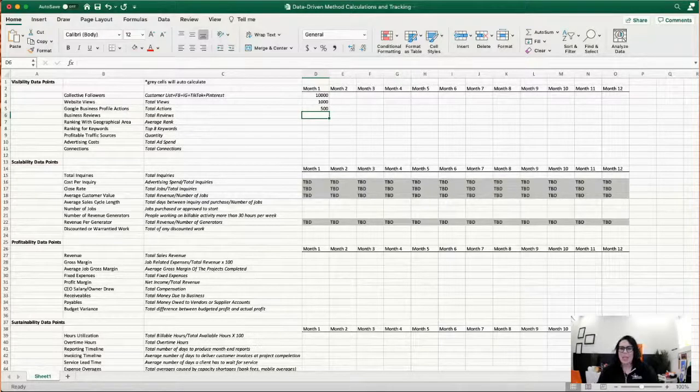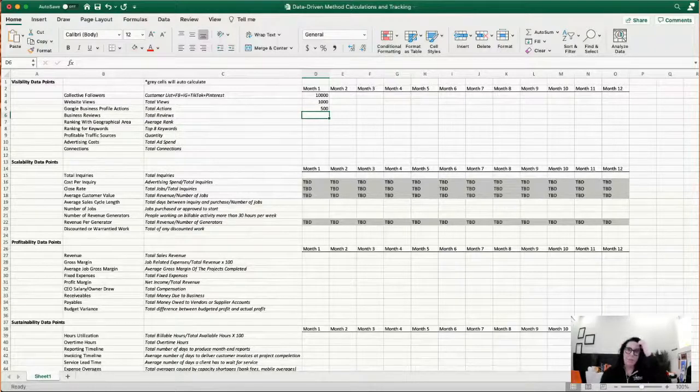Then we're looking at total reviews. Again, very dependent on your business and where you collect reviews. Everyone typically collects reviews on Google, but Google has been very unreliable as of late, and so some people have moved away from asking people to give reviews there because sometimes they disappear.